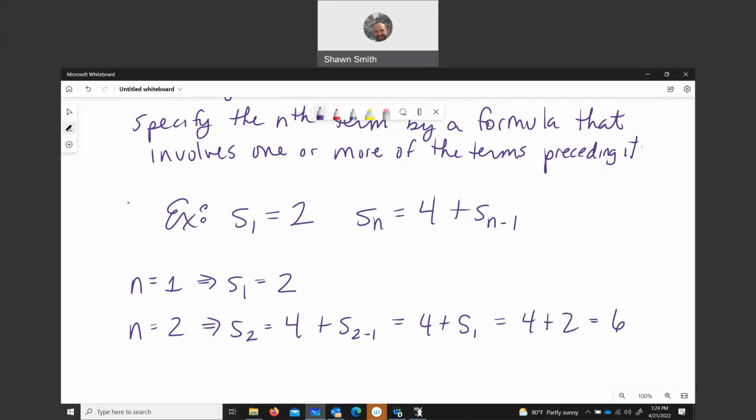You just keep up the pattern. N is 3. S3 is 4 plus S of 3 minus 1, which is 4 plus S of 2. S of 2 was the previous one, found to be 6. That's 4 plus 6, which is 10. And you can keep on going.